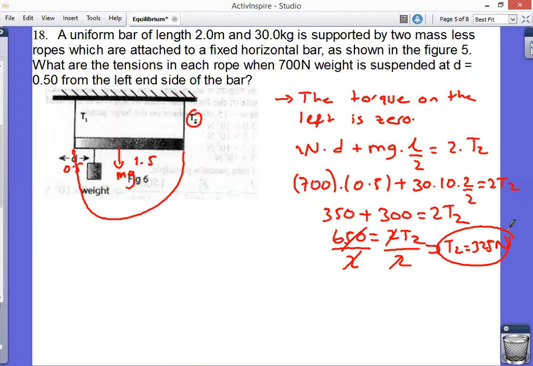This is what we get when we consider the torque on the left part of the rigid bar to be 0. Now for T1, this time we are going to consider the right part.